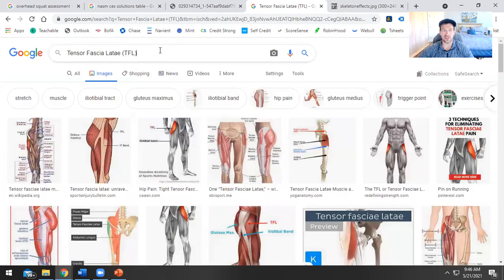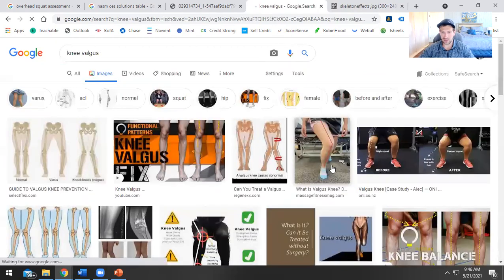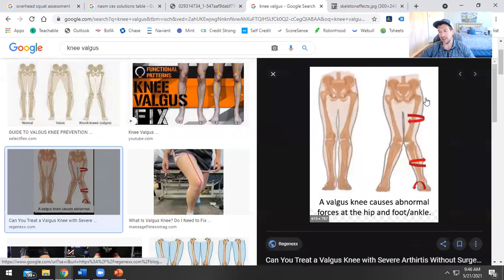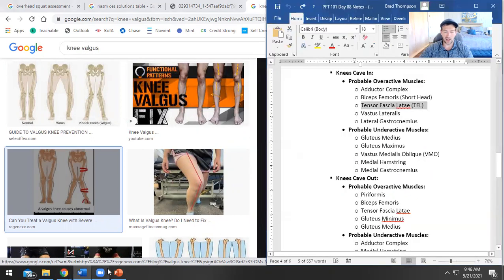So if you look at knee valgus, again, it's hip internal rotation. It's rotating around this way. The bones are literally falling inward. So those are the big ones: adductor complex, biceps femoris, and TFL.